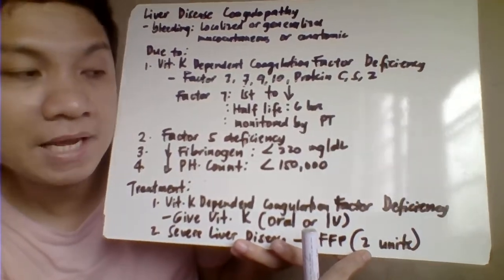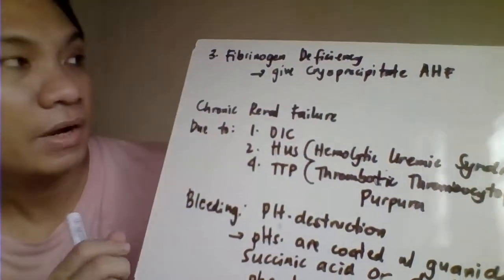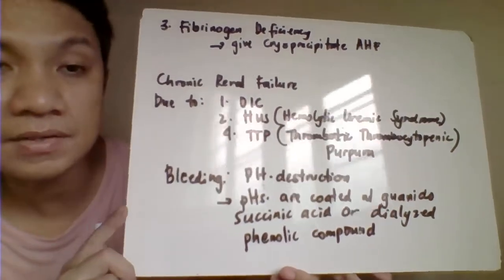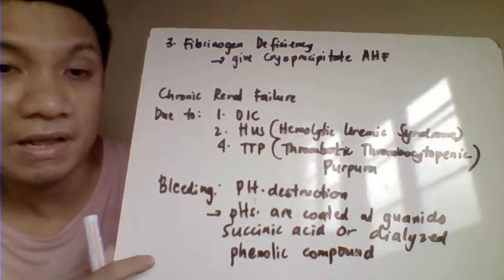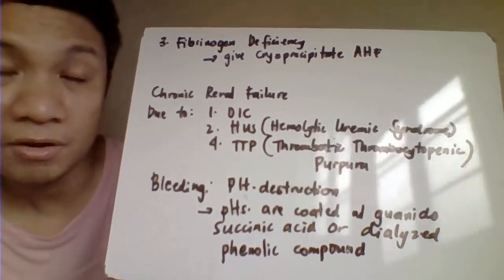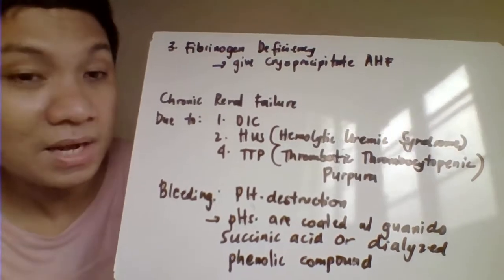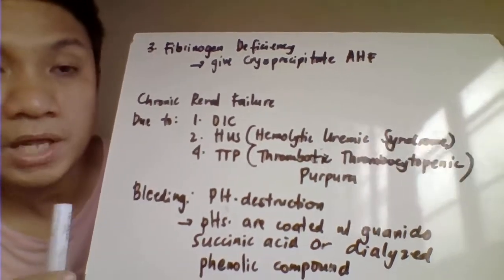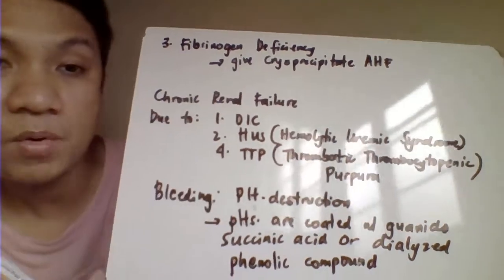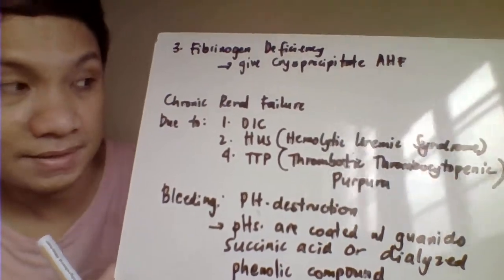Usually, 2 units ang binibigay natin. Okay, then we have your fibrinogen deficiency. Sobrang baba ng fibrinogen. You can give cryoprecipitate antihemophilic factor concentrate. Basically, it's a blood component, blood unit na madami siyang fibrinogen concentration. It could help eventually solve your problem with fibrinogen deficiency.